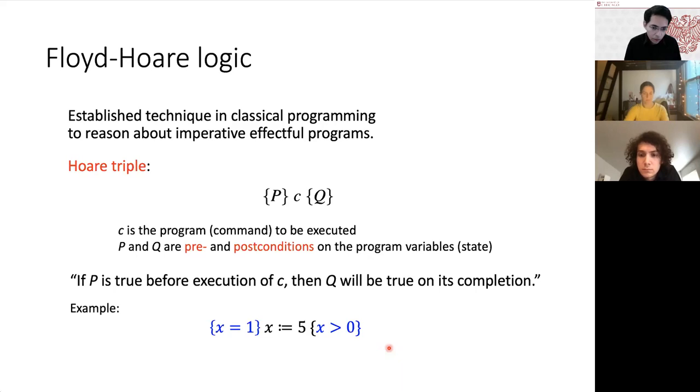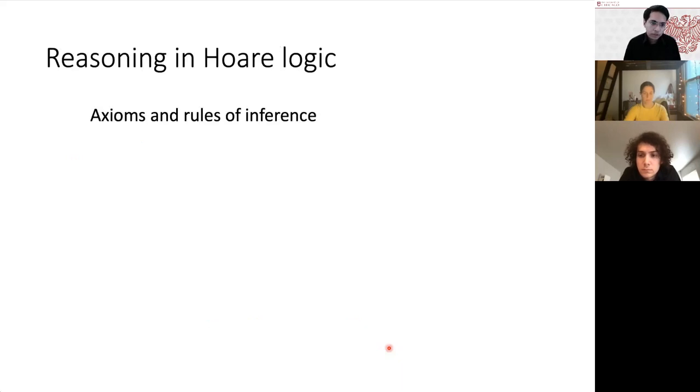So let's look at how reasoning proceeds in these systems. There are certain axioms and rules of inference defined for reasoning in Hoare-logic.